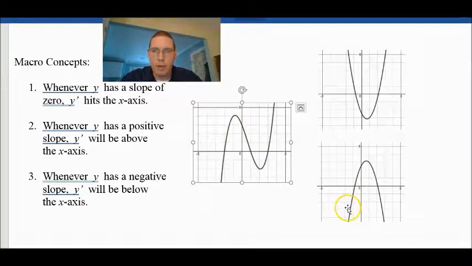Now this one down here is below, and then above, and then below. So that's not correct. This derivative is indicating a function that first has a negative slope, then a positive slope, then a negative slope. In fact, if I draw it, it would look something like this. Okay, it would have first a negative slope, then a 0 slope, then a positive slope, then a 0 slope, then a negative slope.